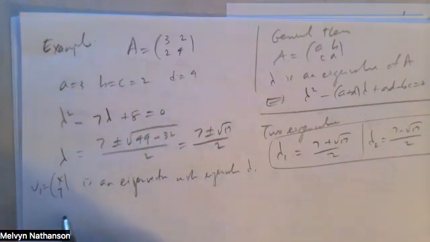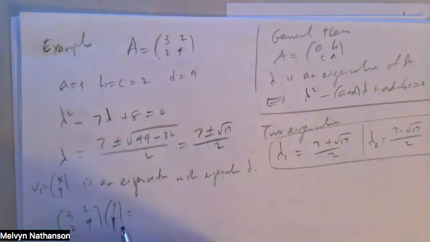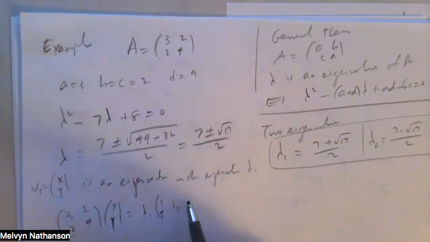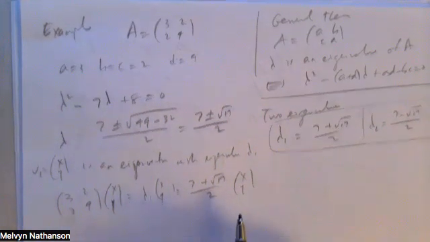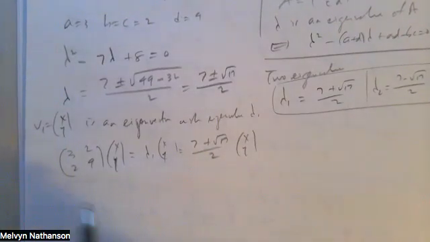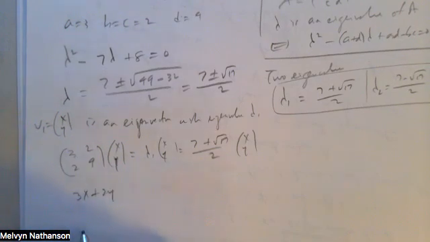lambda 1 means if I take the matrix 3, 2, 2, 4 applied to the vector (x, y), that's equal to lambda 1 times (x, y), or (7 plus root 17) over 2 times (x, y). So we end up having to solve two equations in two unknowns. This matrix times this vector is 3x plus 2y.